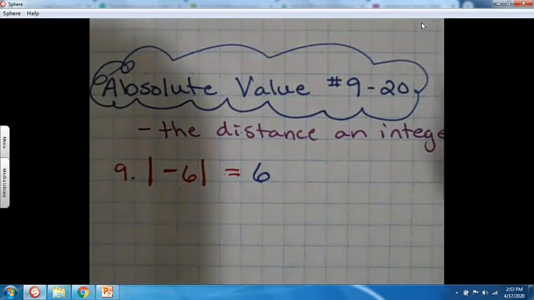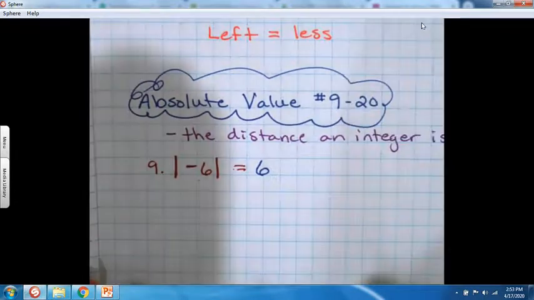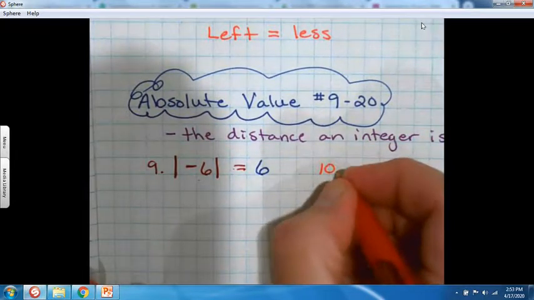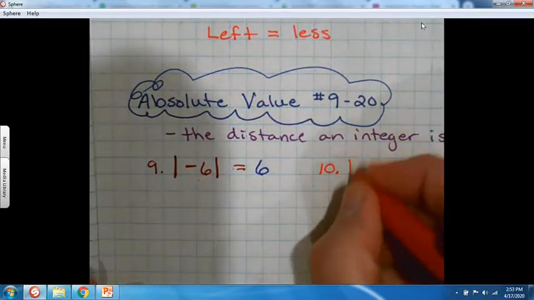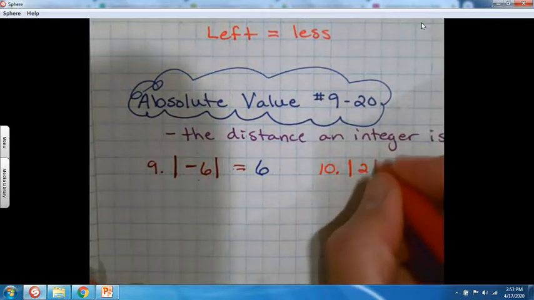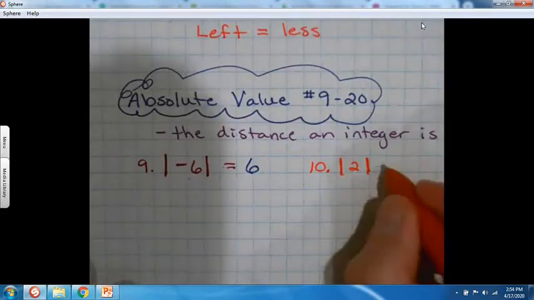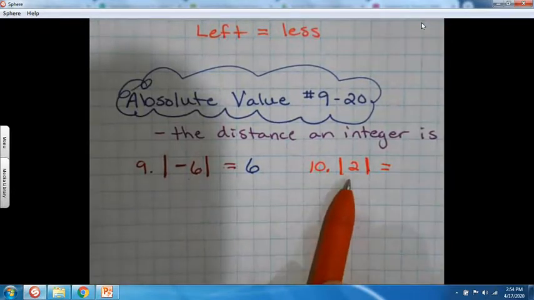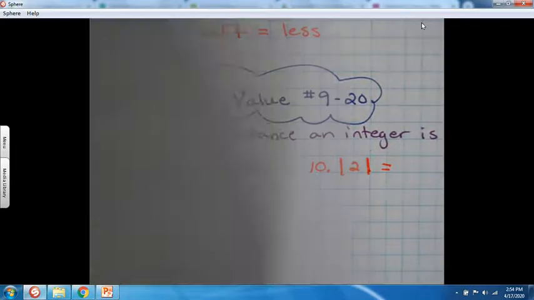So let's do number 10. Number 10 is the absolute value of 2. What is the absolute value of 2? What is the distance 2 is from 0? Well, let's go back over here.